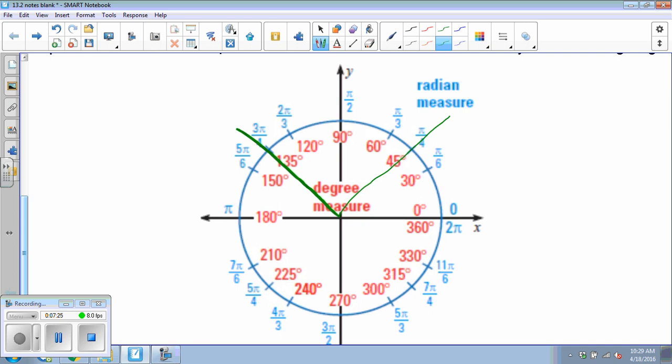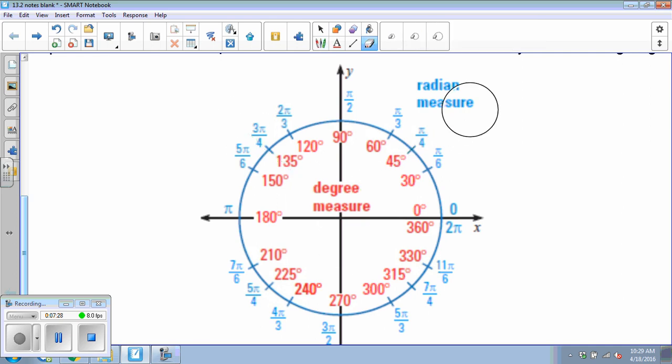And if I did increments of 60 degrees, 60 times 2 is 120, and times 3 is 180, right? So there would only be 3 of those sections. So 60 degrees is equivalent to pi divided by 3. Does that make sense? So that's where all those radian values come from. Okay, it's taking pi and dividing it by however many of those sections are created. Okay?